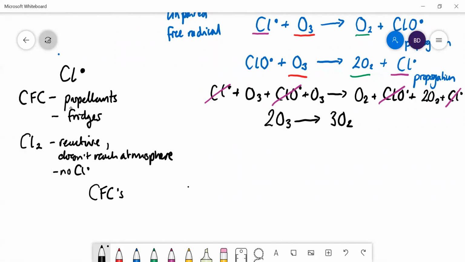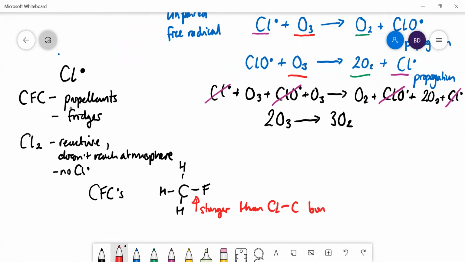The carbon fluorine bond is stronger than the carbon chlorine bond, and so it doesn't tend to break so easily, so you don't generate fluorine free radicals. As I say, it's the chlorine which is causing the problem. Okay, so that's all you need to know about ozone depletion.